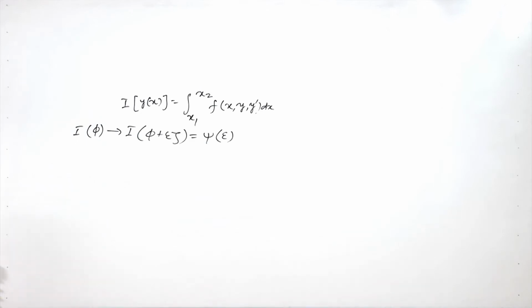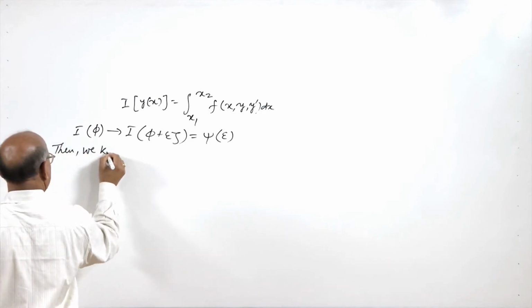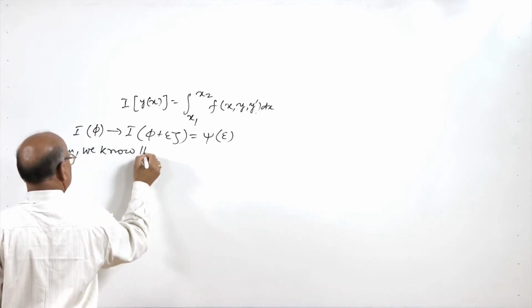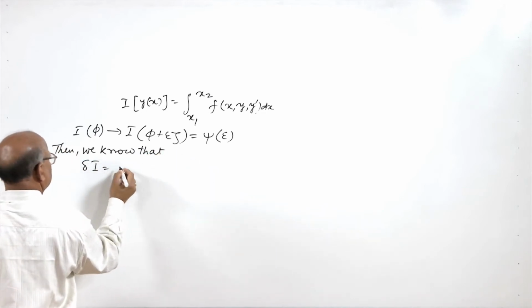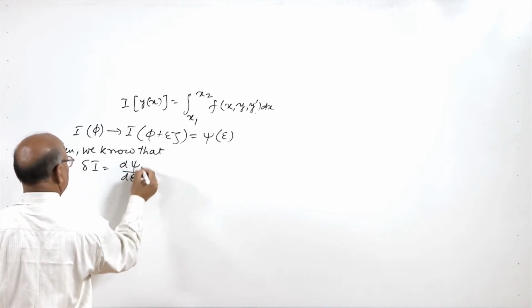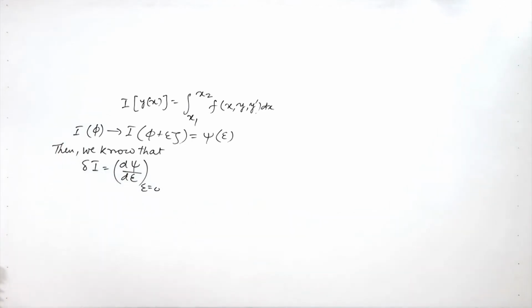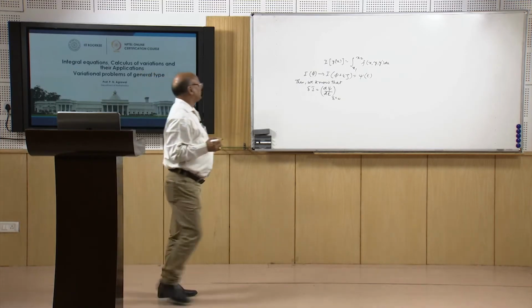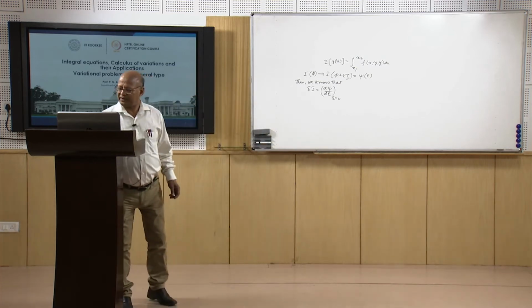Psi is a function of epsilon. Then we know that delta I is nothing but d psi over d epsilon at epsilon equal to 0. So let us apply this formula and see how we get the value of delta I.